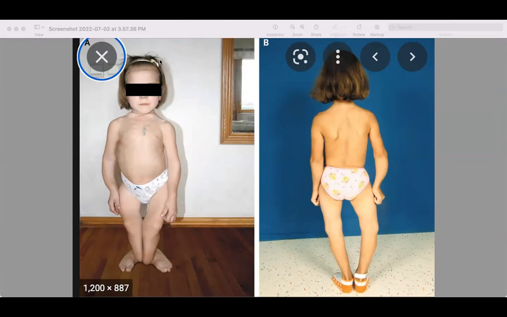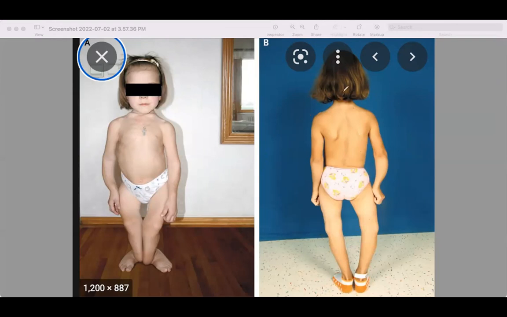Okay. Yes, here, how to comment on this lower limb? This is a flat foot and there is this gap also. In this child, you will measure from the tibial tuberosity to tibial tuberosity.